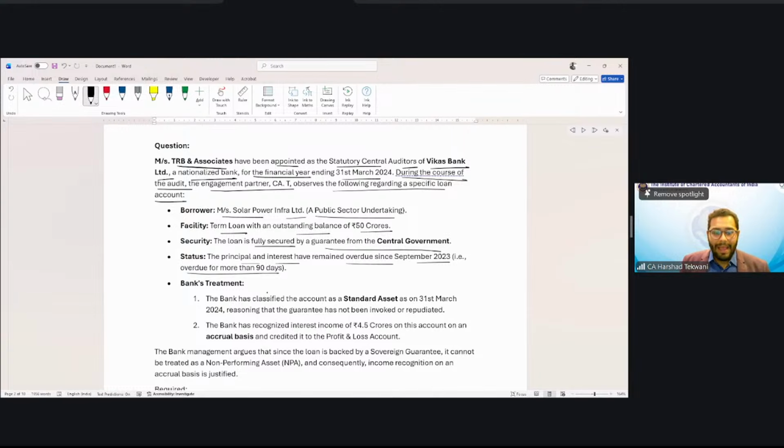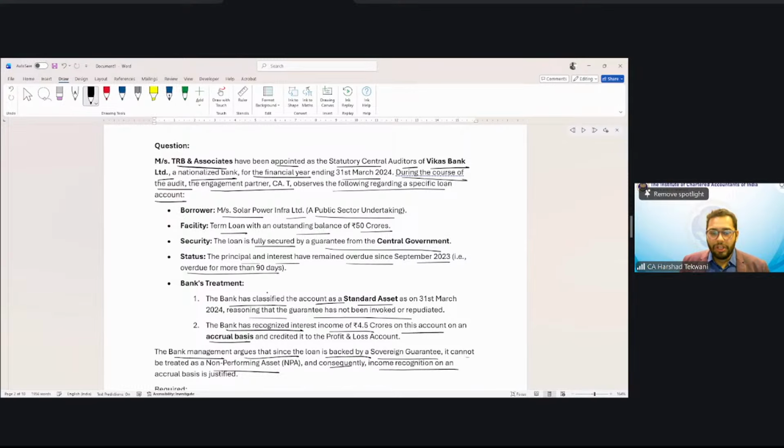Bank has classified the account as a standard asset, reasoning that the guarantee has not been invoked or repudiated. Bank has recognized the income of 4.5 crores on this account on accrual basis. The bank management argues that since the loan is backed by the sovereign guarantee, that is, a guarantee given by the central government, it cannot be treated as an NPA.